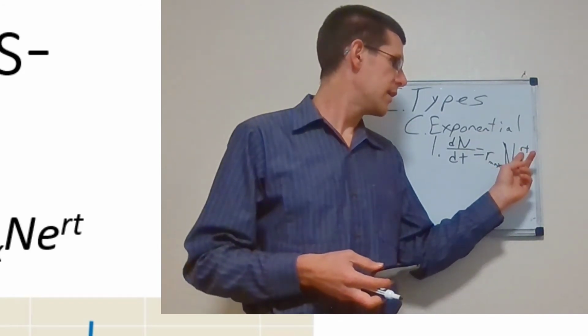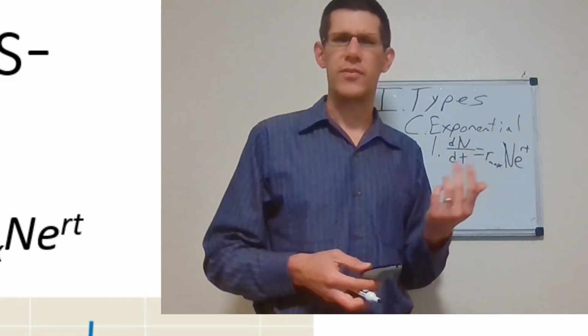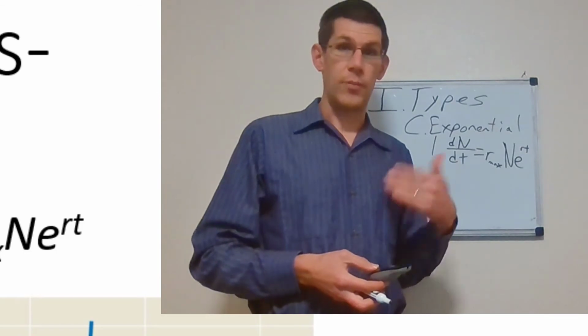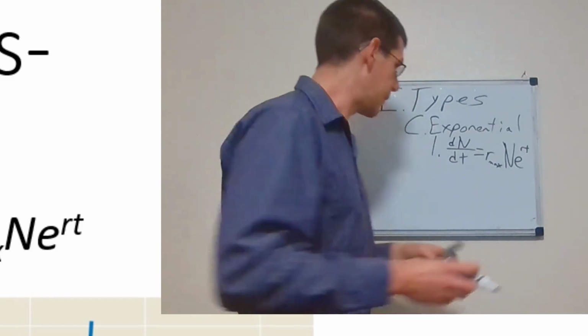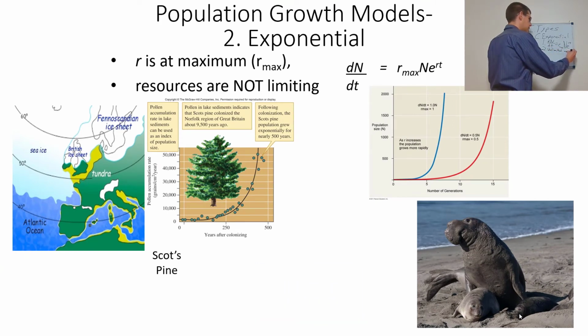Here you have the R again and the T. So it's the same R realistically. Otherwise, you're just confusing. So what this does is it's exponential, and it's assuming, of course, unlimited resources. Now, it doesn't actually ever really happen, but it can come pretty close.